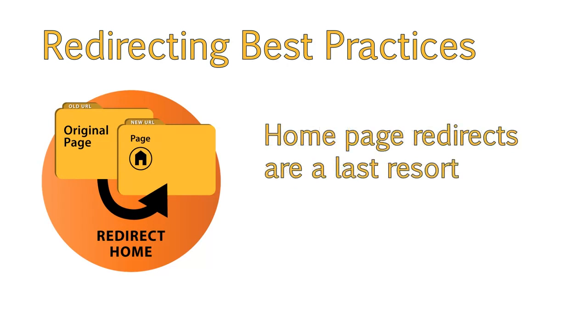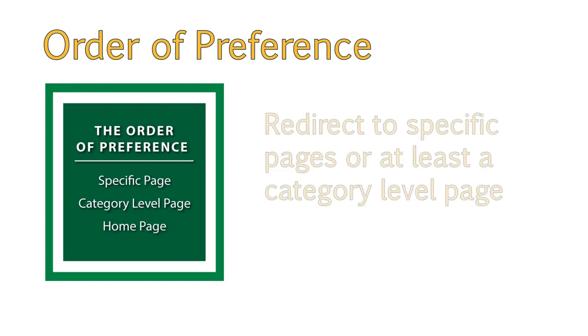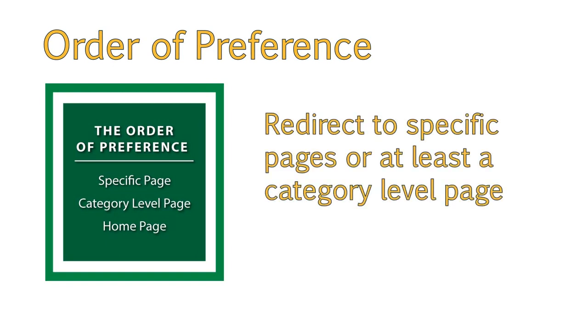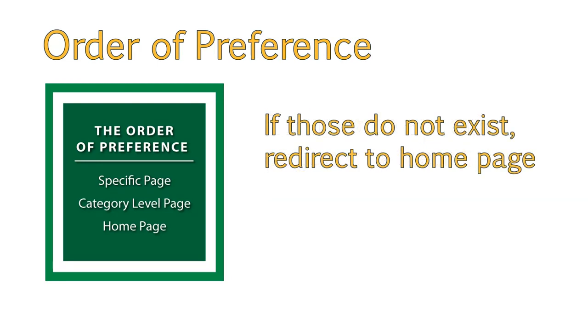Redirecting to the homepage is only advised if there is not a better page to redirect the original content to. Ideally, the order of preference would be to redirect to a specific page, and if one doesn't exist, redirect to a category level page. And if that doesn't exist, then you may want to consider redirecting to the homepage.